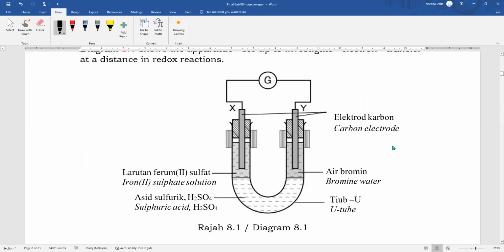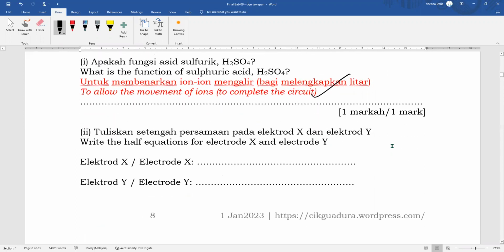Electrode Y, yeah? Wait, my mother's at my door. Okay, anyway, I heard him. He said Br2 plus 2e minus, I will get 2Br minus. Class, did you also get this as well? Yes, teacher. Okay, very good. Who wants to do electrode X? By now should be very fast already.